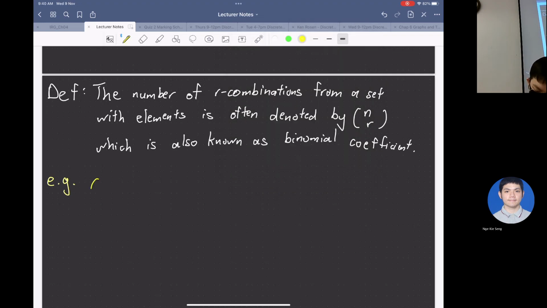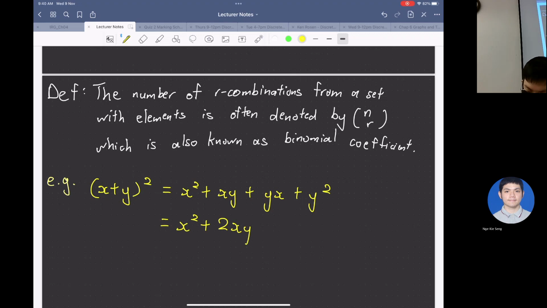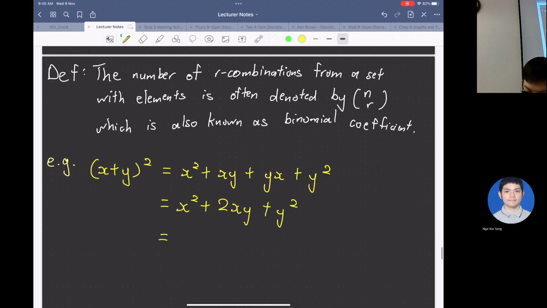For example, (x plus y) squared. What is (x plus y) squared? It's actually x squared plus xy plus yx plus y squared, which is x squared plus 2xy plus y squared. So the binomial coefficient is the coefficient of this monomial.